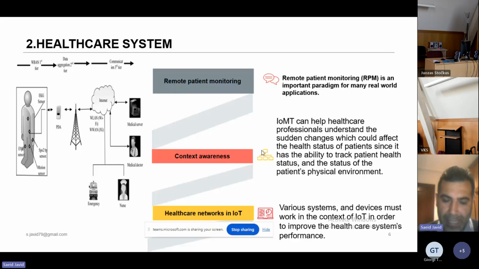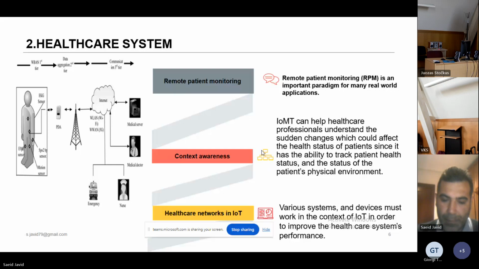The system makes real-time patient monitoring possible in the healthcare sector. It helps with faster diagnosis and saving patients' lives.